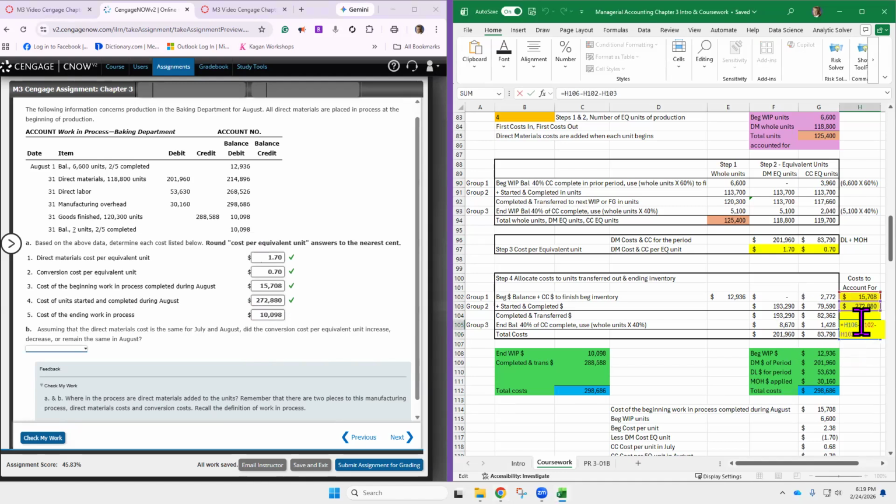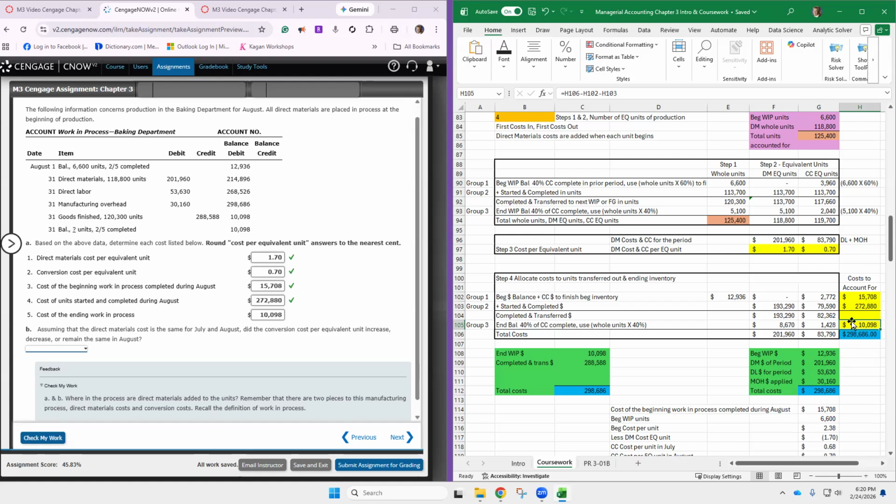When you take the total, remember we got this total costs, I put it here, and we know these are right, 15,708 and 272,880. Then I plugged for $10,098.